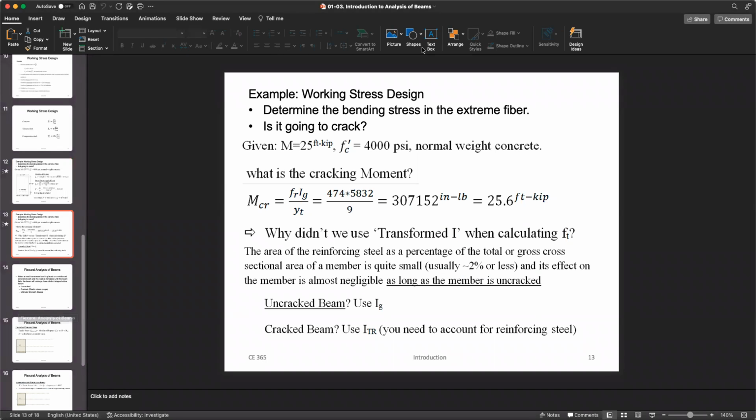All right. So you realize that you wouldn't crack. But one question can be, all right, what is the cracking moment? So for the same problem, this was your original applied moment given to you. This is the compressive strength of concrete, 4,000. It was similar to the previous problem, right?